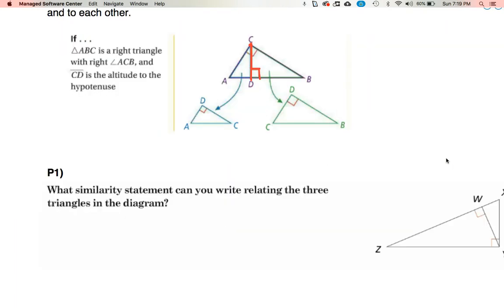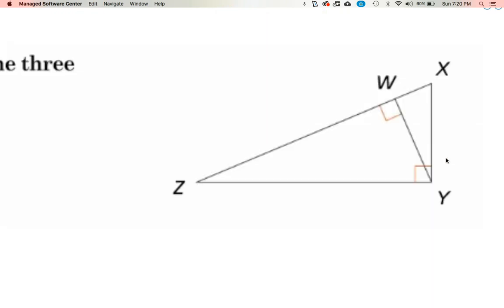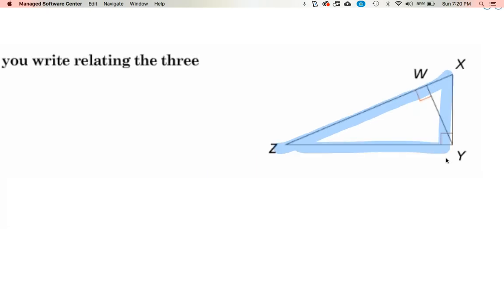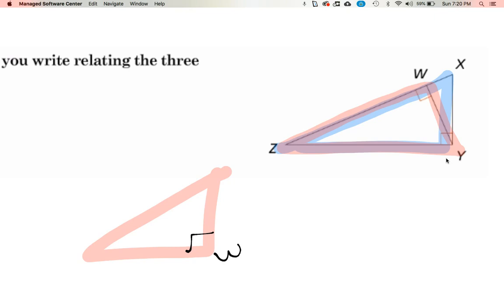All right, what similarity statement can you write relating the three triangles in the diagram? So here's one triangle. Here's the middle triangle. And that's going to be W, so the right angle.